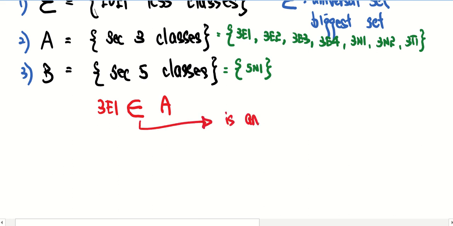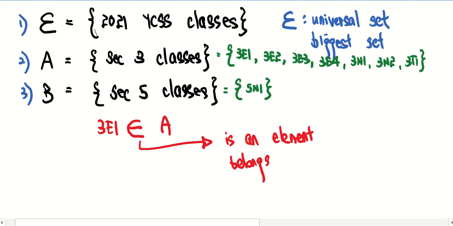Is an element or belongs. Okay, that's the meaning. It's not number 3. It's like a letter E, but it's not exactly a letter E because it's rounded. It's different from the universal set. Universal set is an inverted number 3.